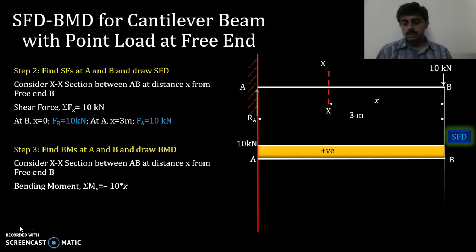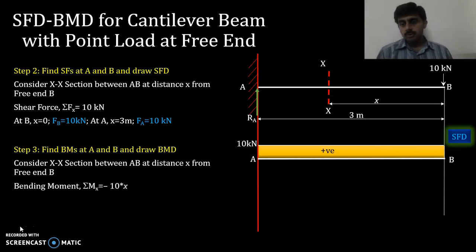Towards the right of the section there is only one force, that is 10 kilonewton. So the moment about XX, Mx, is 10 into x in magnitude, but the sign convention matters.